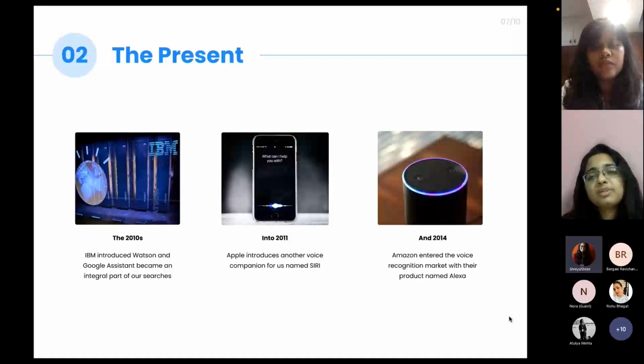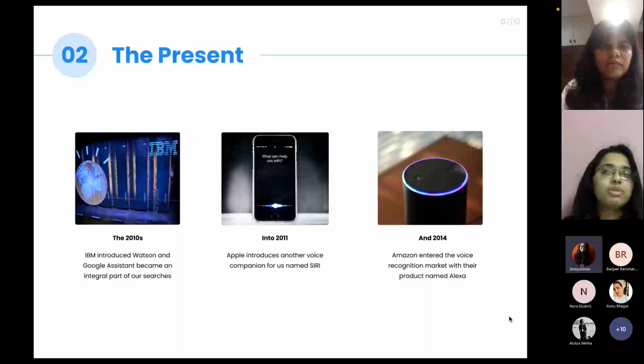And this was the time when mobile phones and laptops and desktops had come into the market, and people started using these technologies. So as part of these technologies, companies like IBM or Google or Apple came up with their own voice interaction softwares and platforms.